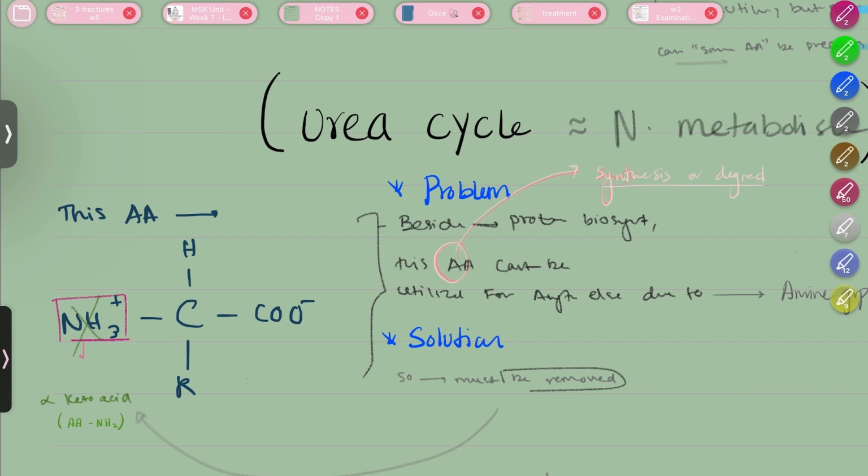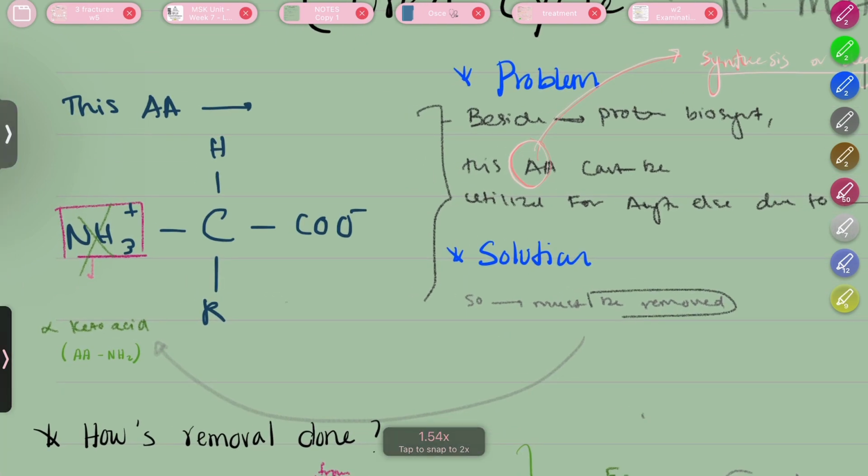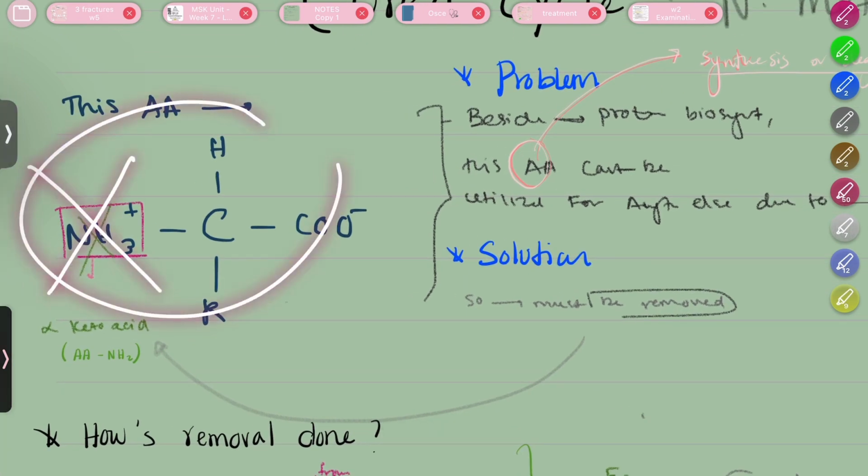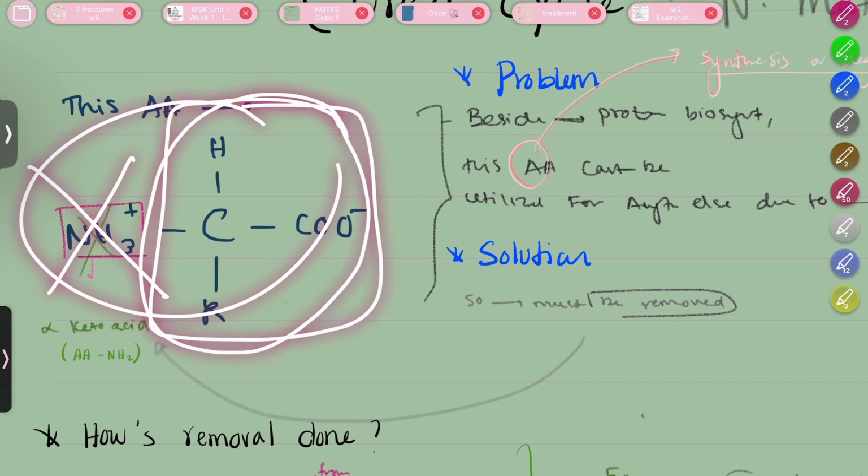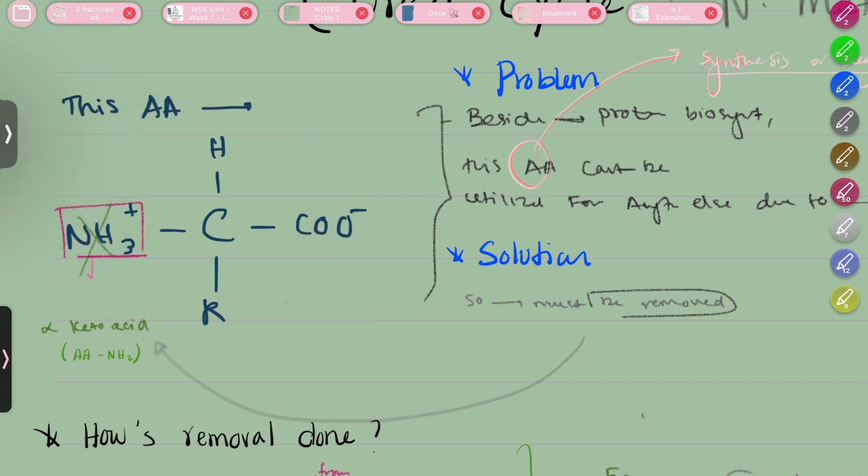So let's start off by talking about the deamination of amino acids. When we deaminate this amino acid, which means we remove the amine group, we are left with this carbon skeleton, which is known as an alpha keto acid. An alpha keto acid is basically an amino acid minus the amine group.